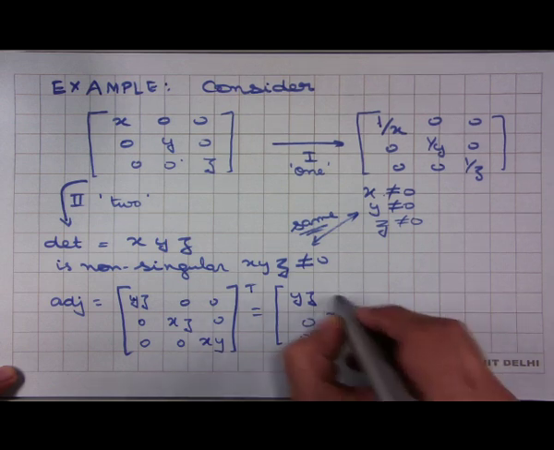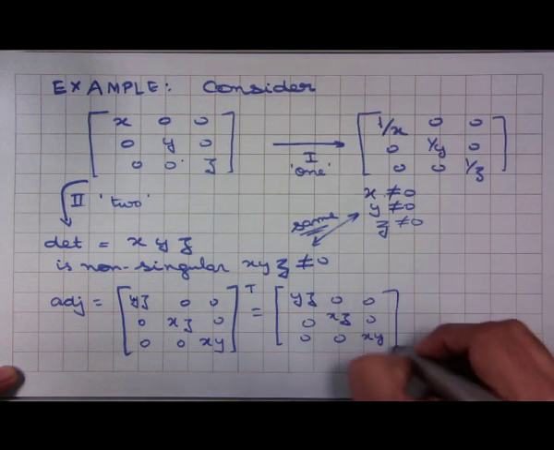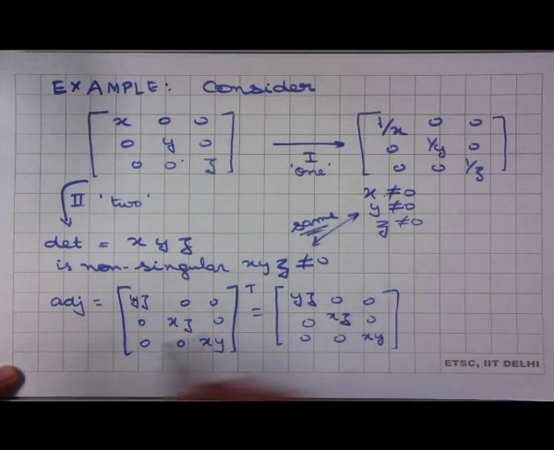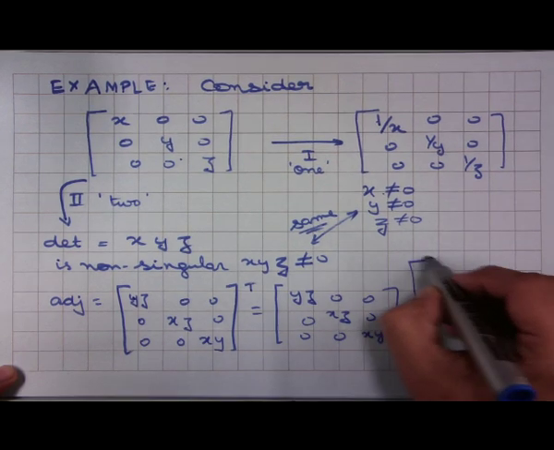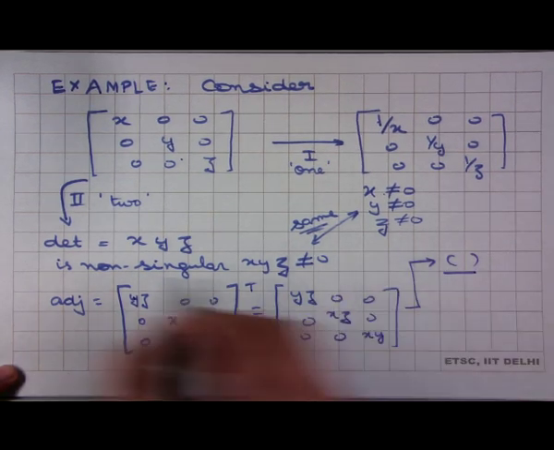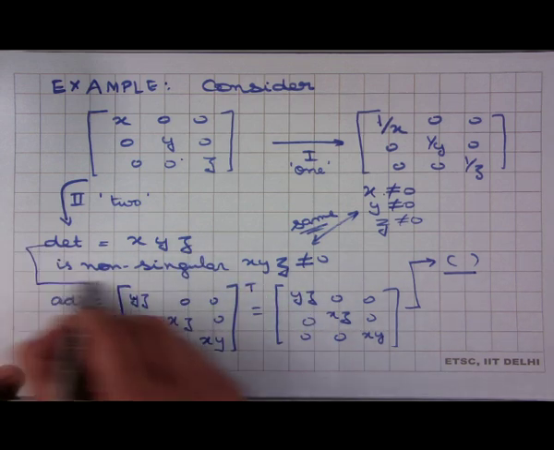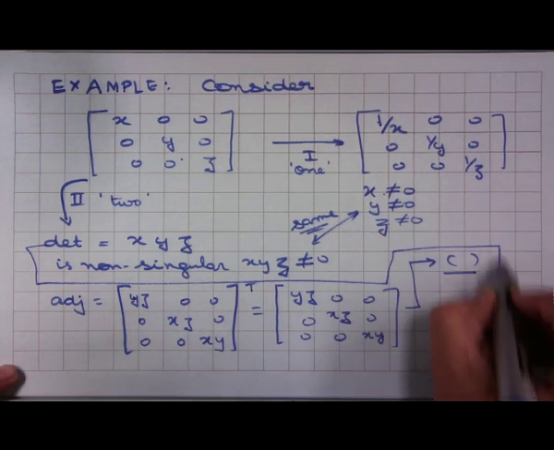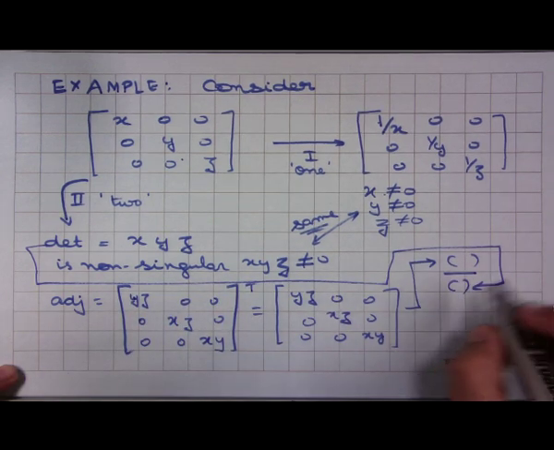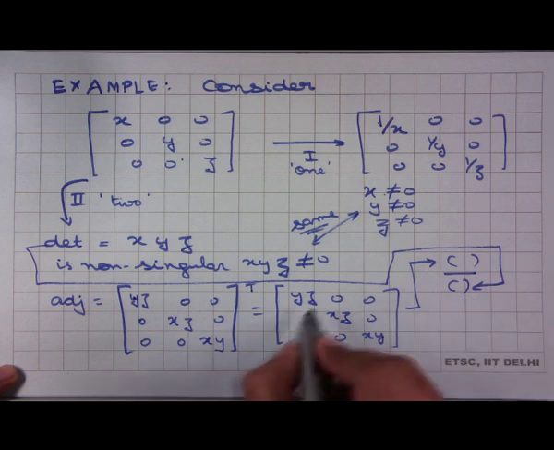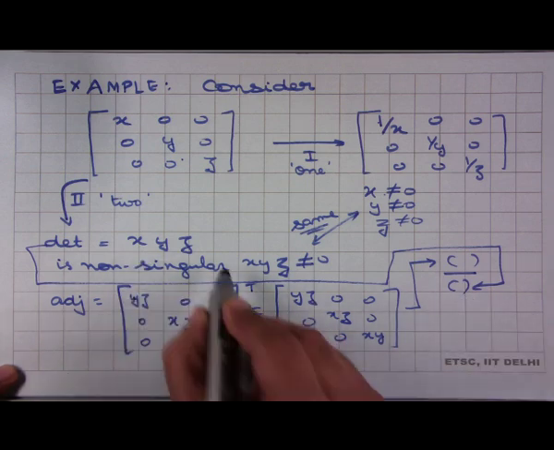So, just to write it down again, it would be y z, x z, x y, and everything else is 0. Okay. And the inverse will be the adjoint divided by the determinant. You see that we divide y z by x y z, so you will get 1 by x.